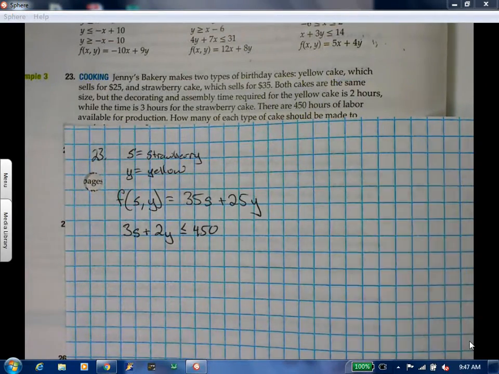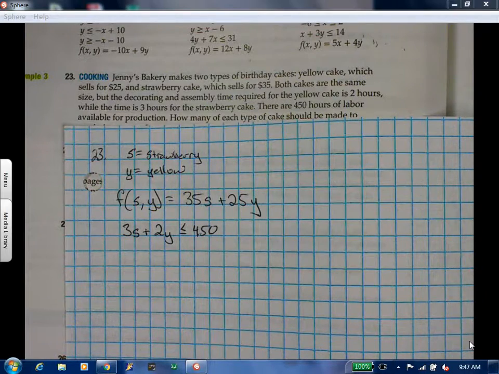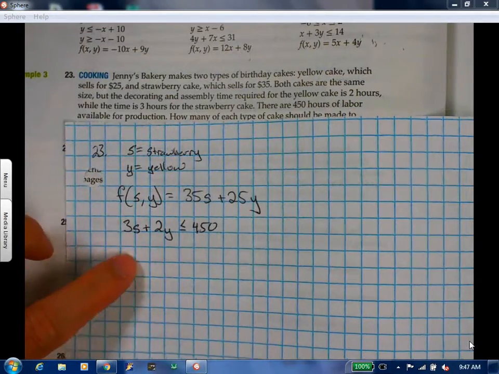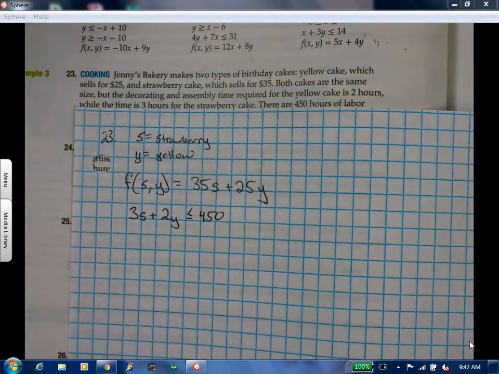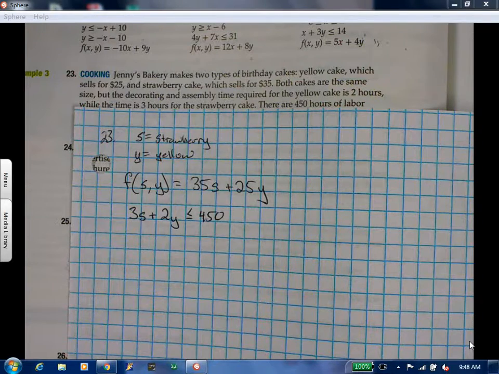Now, do we have any other numbers in this problem? No. So the other two are kind of other two inequalities because we need a bounded region. You can't get a bounded region with just one line. So what's the minimum number of strawberry cakes you can make? 0.